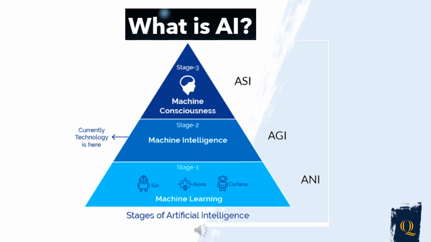At the base of the pyramid, we have step 1, machine learning, also known as narrow artificial intelligence, or ANI. This step includes systems designed to perform specific tasks with a narrow focus. These systems do not possess general intelligence. They excel only within their defined domain.